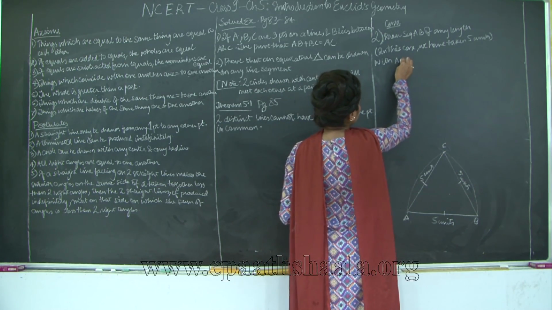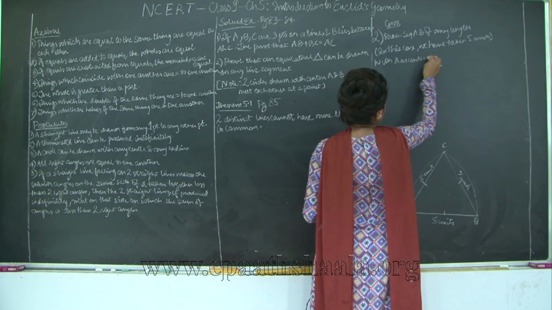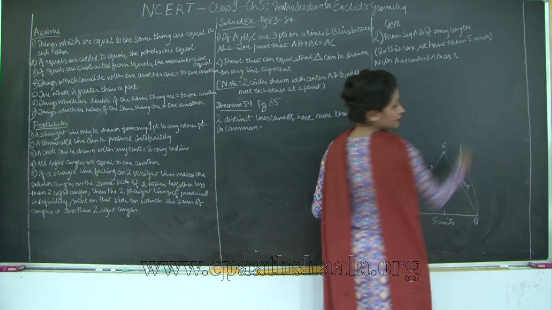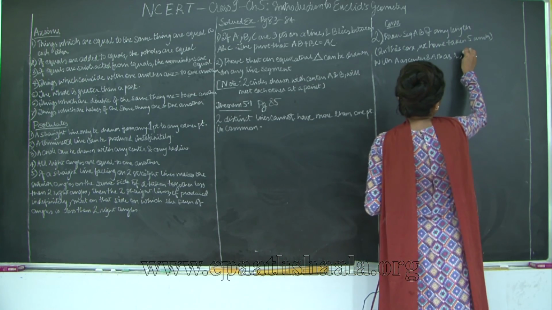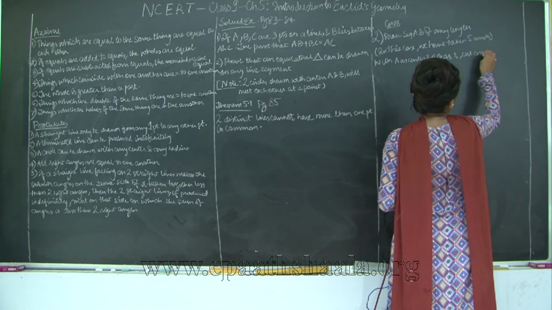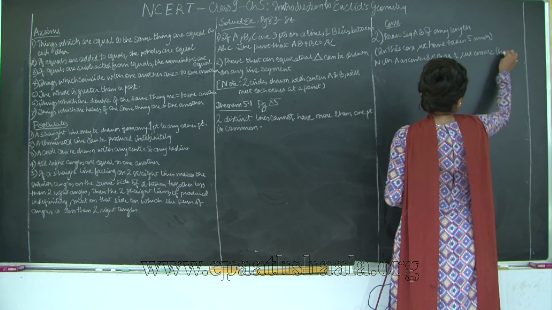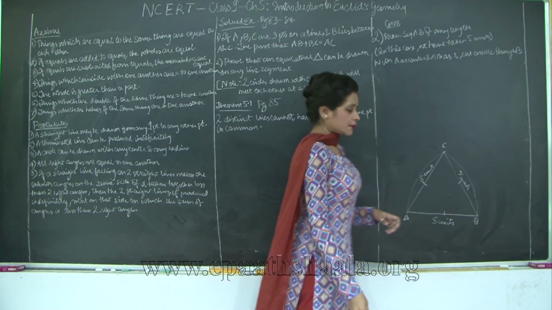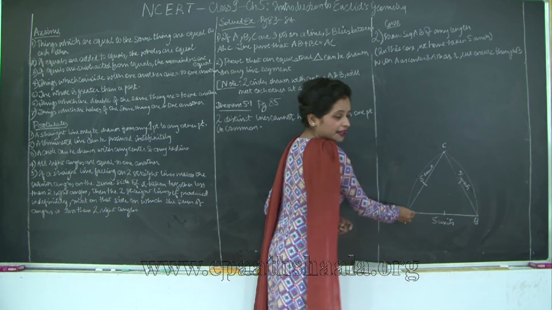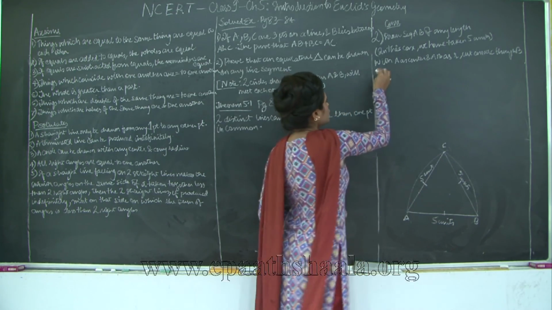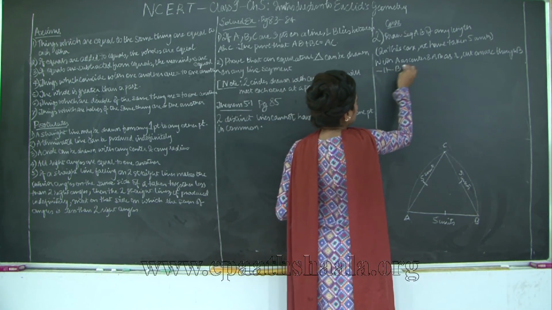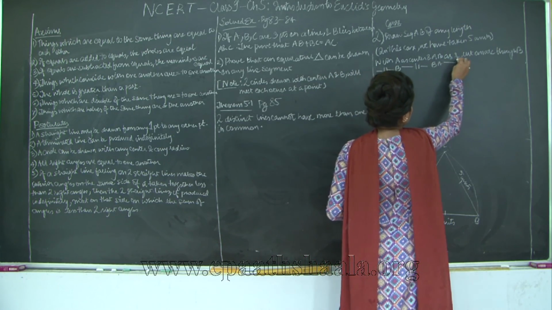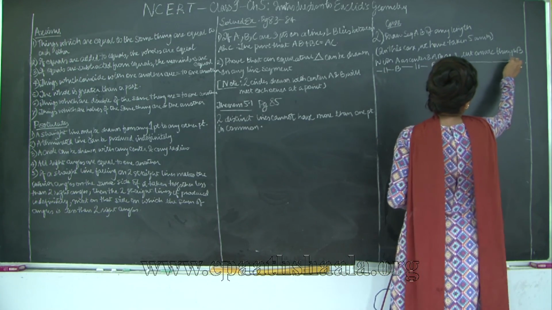With A as center and AB as radius, I am just writing R for radius, cut an arc through B. Then the next step was with B as center and BA as my radius, I cut an arc through A. So with B as center and BA as radius, cut an arc through A.